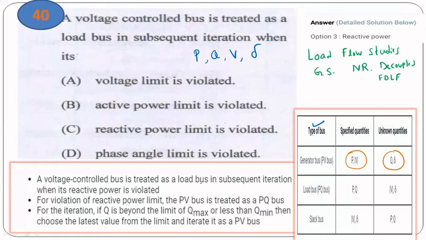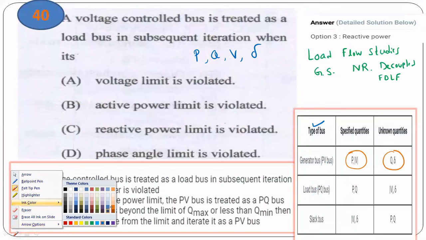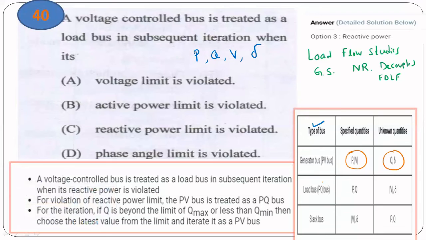The next classification is the load bus, also called the PQ bus, where P and Q are available. If P and Q are available, then we have to calculate V and delta. Similarly, the slack bus: we always say that voltage is 1 and angle is 0 degrees, V at an angle delta, where this fixed value we consider.